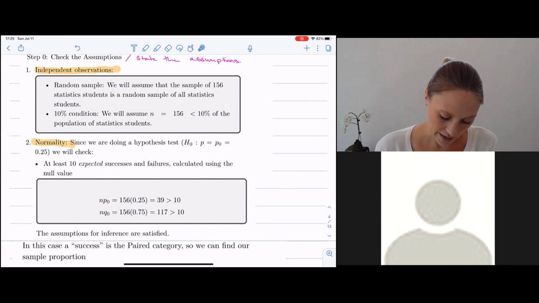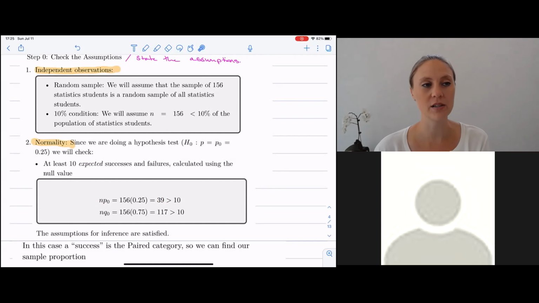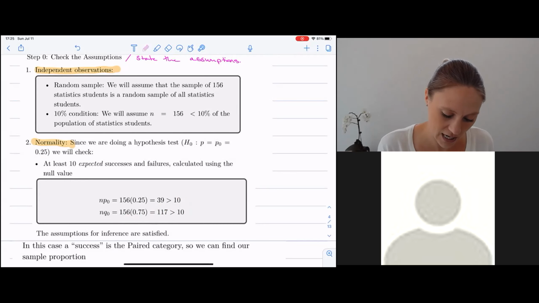And then for the failures, a failure in this case is anything but a paired question, which makes up 75% of the data, or 0.75. So 156 times 0.75 makes 117 failures. Both of these are definitely over 10.